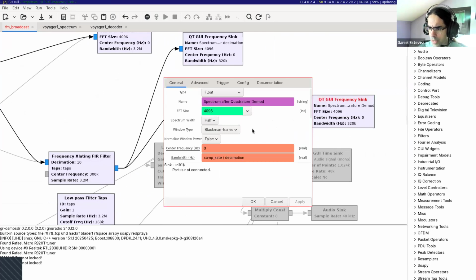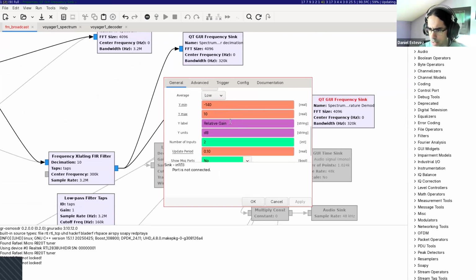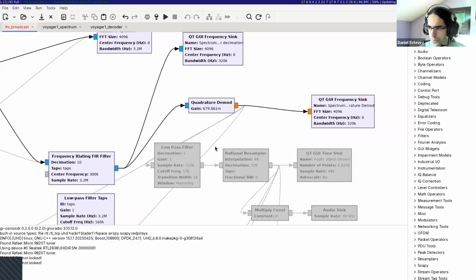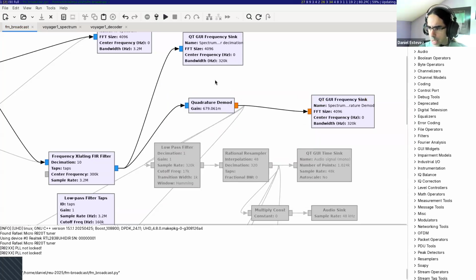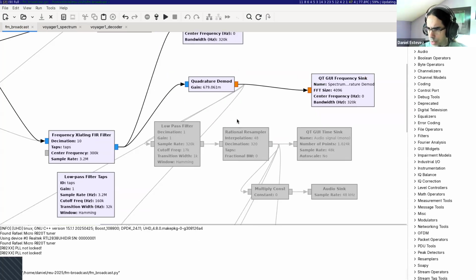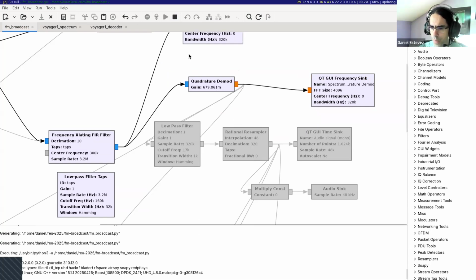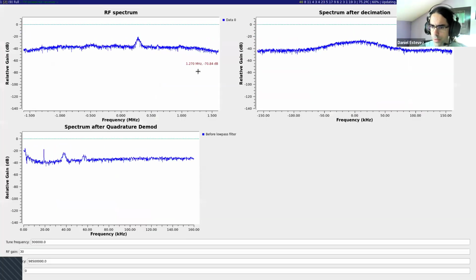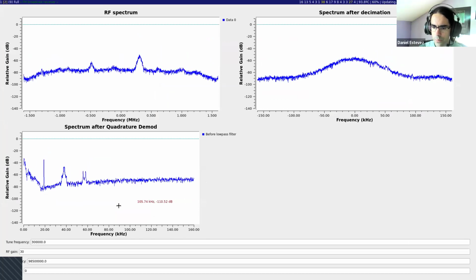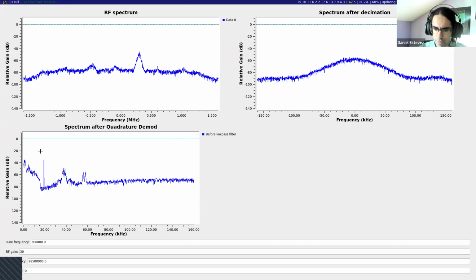Something we can do is look at the spectrum of this to see if it makes any sense. I'm going to set one input. We can also look at it in the time domain, but we will do that later on. So this is what we have: the spectrum after the quadrature demodulator, the spectrum of the frequency of the signal.